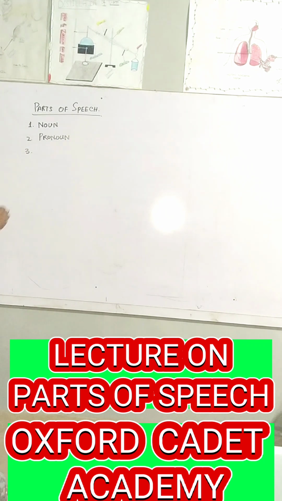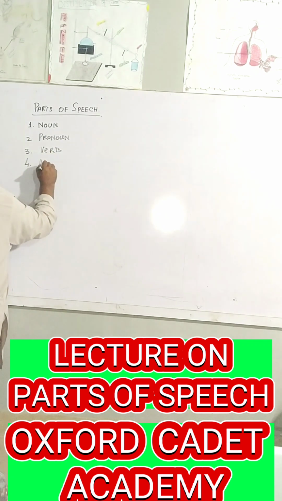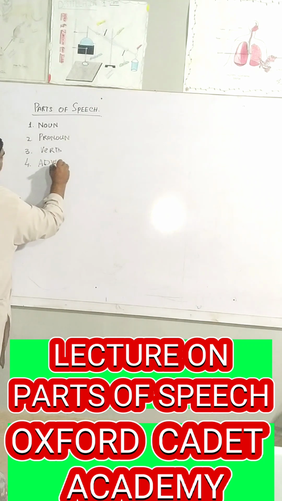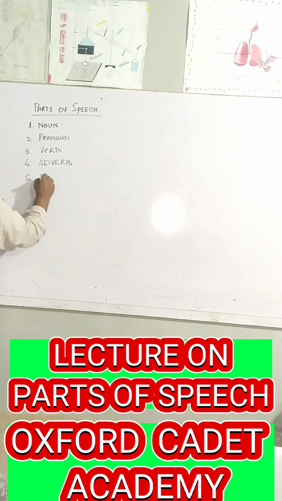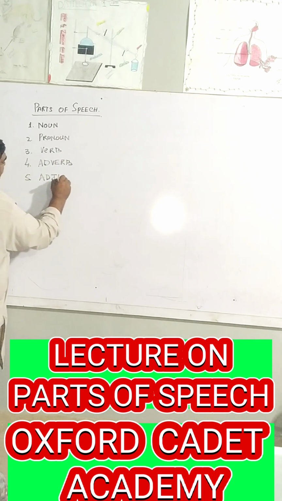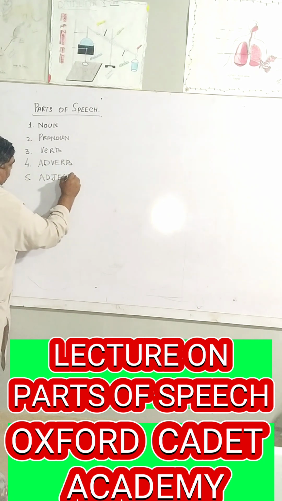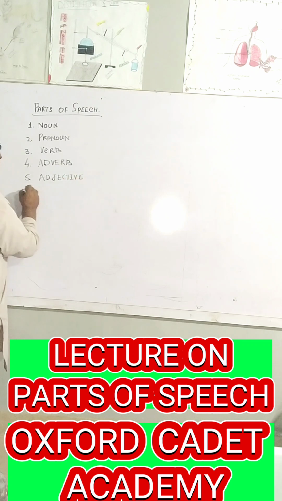Number 3 is verb. Number 4 is adverb. Number 5 is adjective. Number 6 is conjunction. Very good.